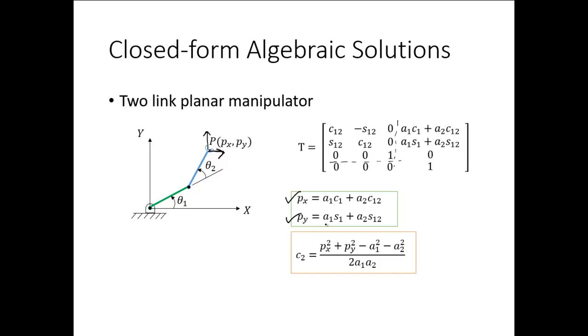Now with some mathematical manipulations like squaring and adding these equations, you can call them equation 1 and equation 2, something like this would result. We have cos theta 2 is equal to this. px and py are given in the problem of inverse kinematics, and a1 and a2 are constants, so we can solve for theta 2.